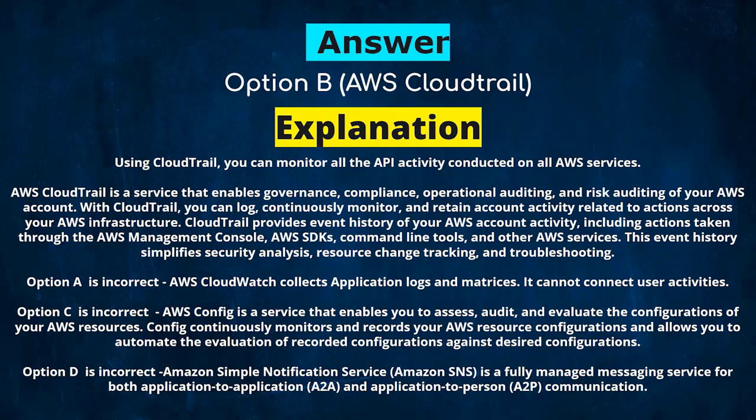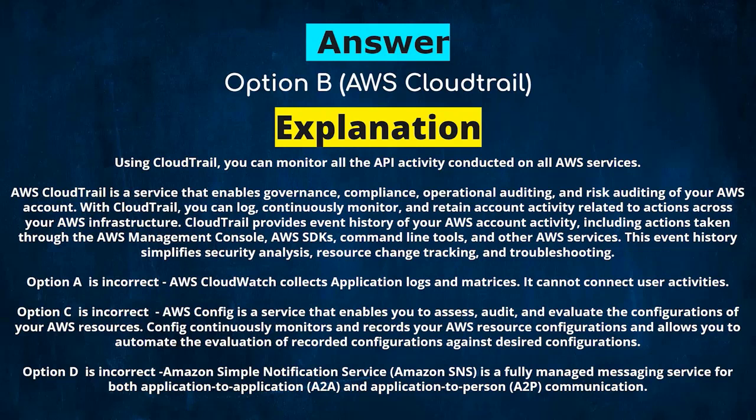CloudTrail provides event history of your AWS account activity, including actions taken through the AWS Management Console, AWS SDKs, command line tools, and other AWS services. This event history simplifies security analysis, resource change tracking, and troubleshooting.